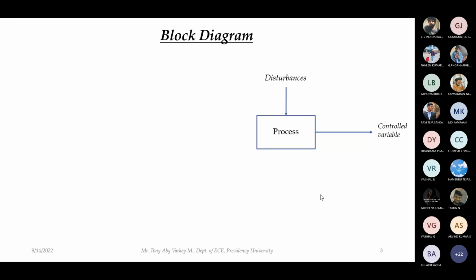What was the controlled variable in the earlier example? What variable was controlled there? Temperature. That is what is called the controlled variable, the variable which is to be controlled to a particular level.